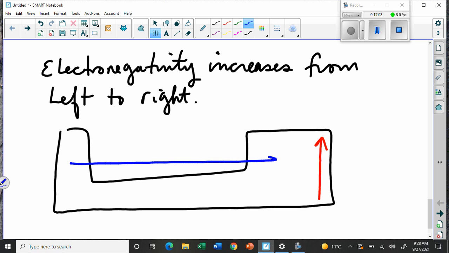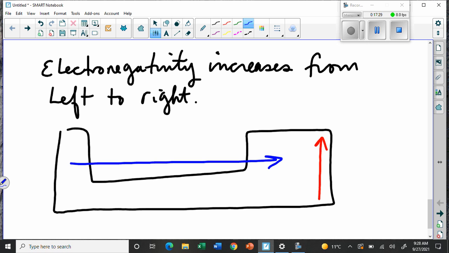If you go this way, that's increasing electronegativity. Okay? So you have to use the 2 together, which is interesting. So what that means is that we can find the atom that has the most electronegativity if we go as high as possible and as far to the right as possible.